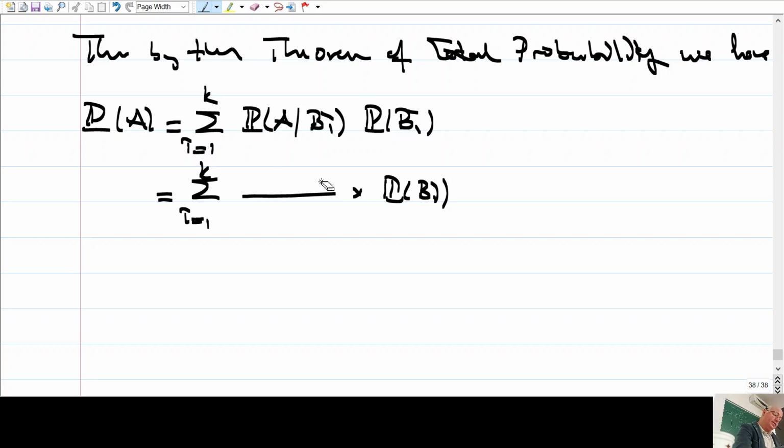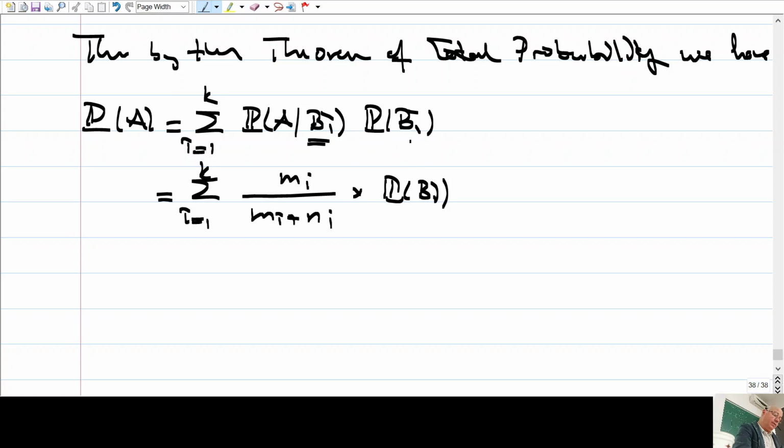So this is taking a white ball from the urn Bi. What is the probability? It is just mi, the number of white balls in urn i, divided by the total number of balls in the urn, which is mi plus ni.